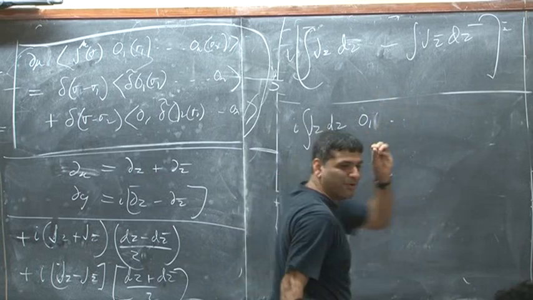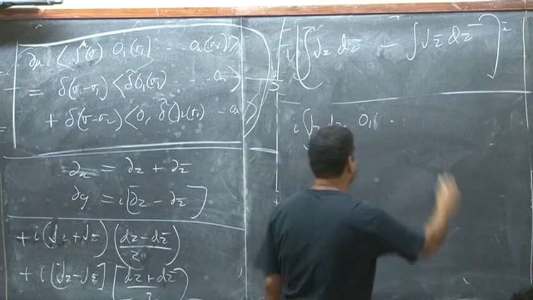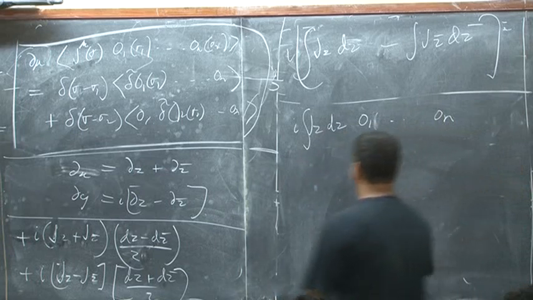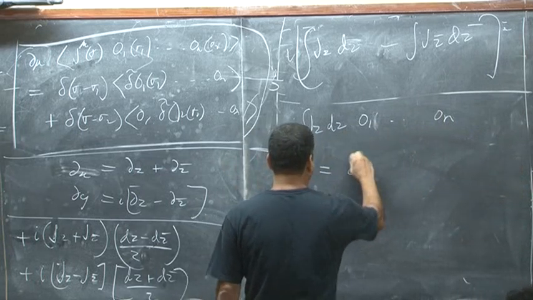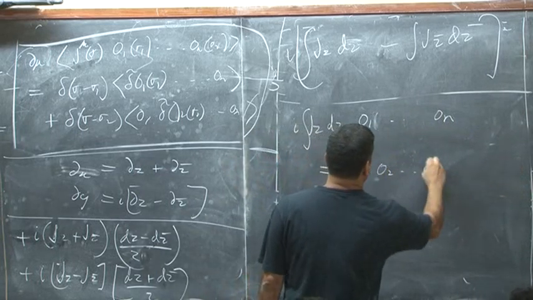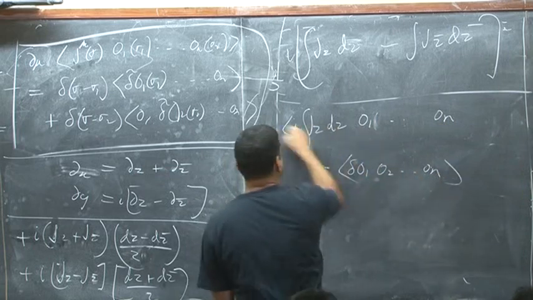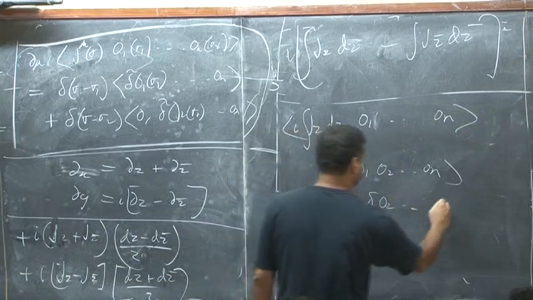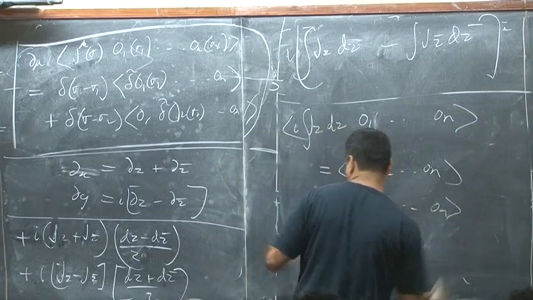Okay, O1 is understood to be at point sigma. On, okay, is equal to delta O1, O2, On plus O1 delta O2 On and so on.